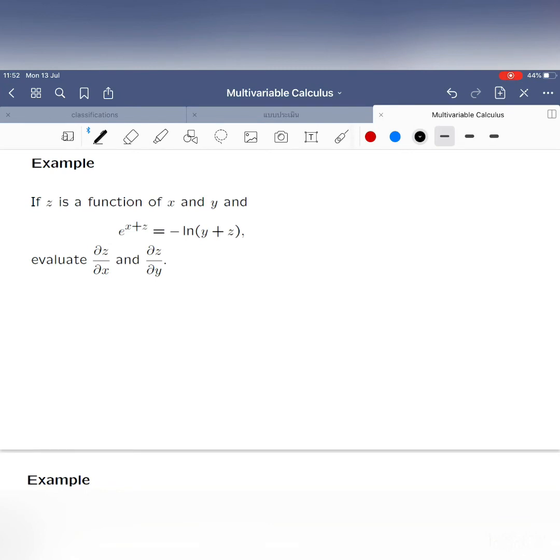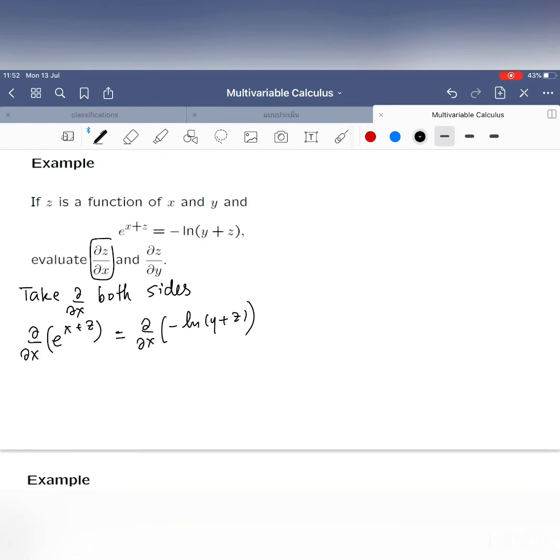Again, your z is a function of x and y, but now defined implicitly like this. So to find dz by dx, you are going to take d by dx of both sides. So we have d by dx of the first term equals d by dx of the second term.